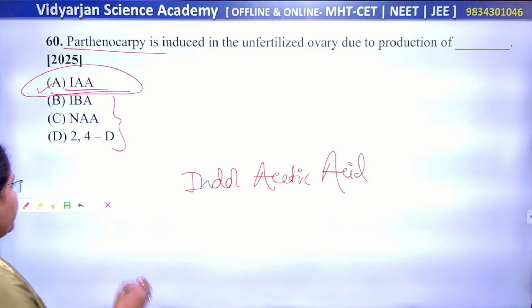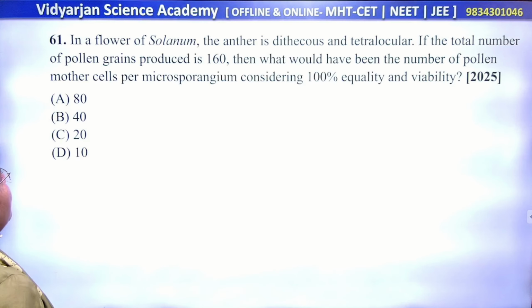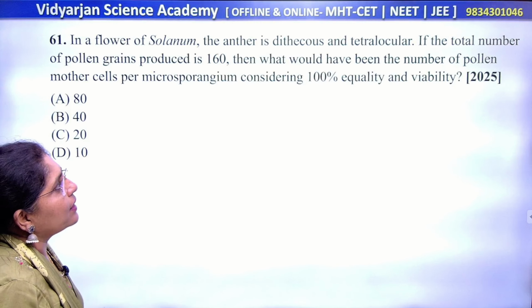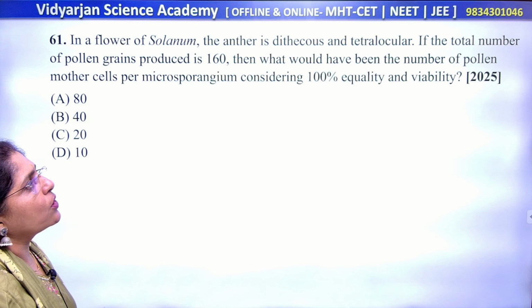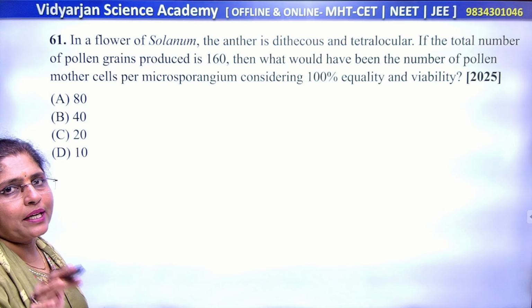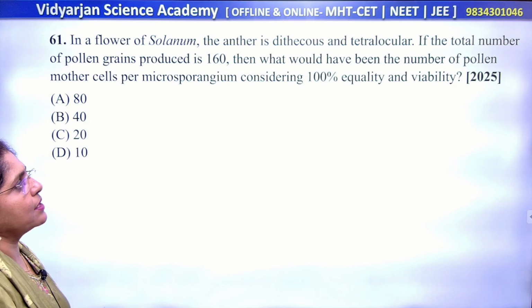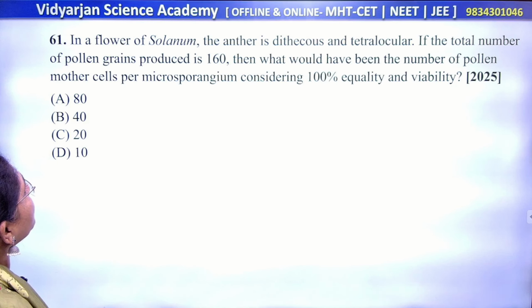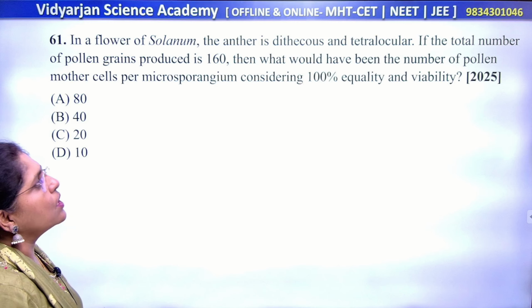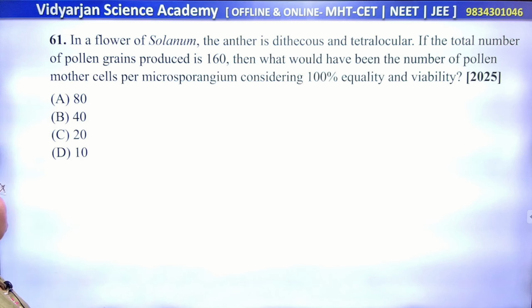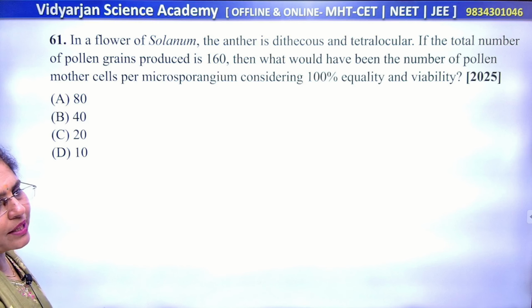Remember this. Okay, next. In a flower, the anther is dithecous and tetralocular. Tetralocular means you are getting four lobules in that. If the total number of pollen grains produced is 160, what will be the number of pollen mother cells per microsporangium, considering 100% viability?